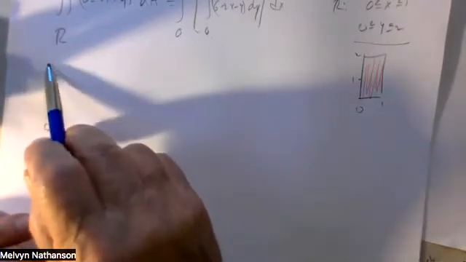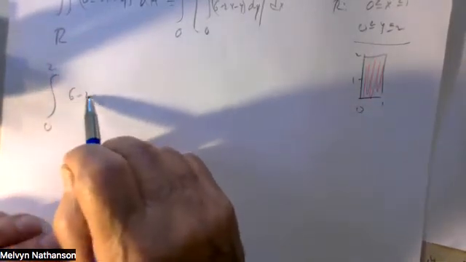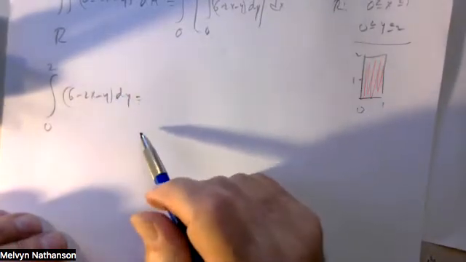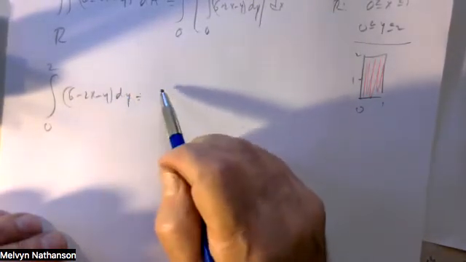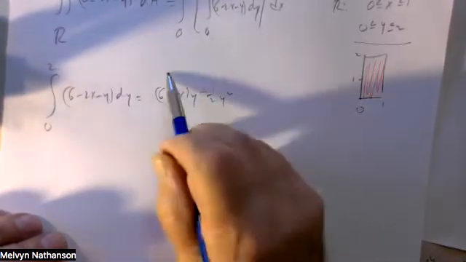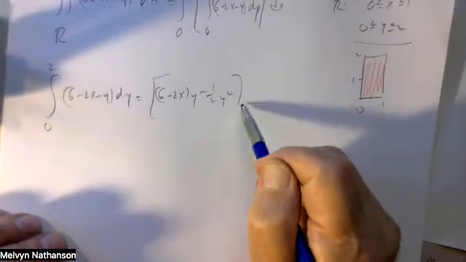What is this inside integral? The integral from 0 to 2 of 6 minus 2x minus y dy. X is fixed, x is like a constant. So this is 6 minus 2x times y minus a half y squared from y equals 0 to 2.